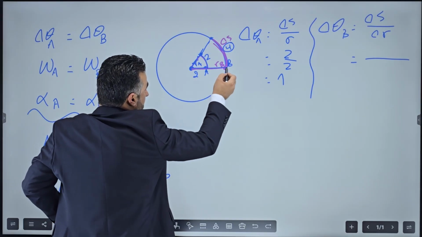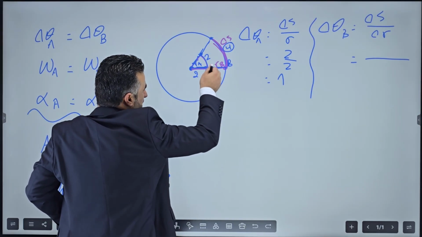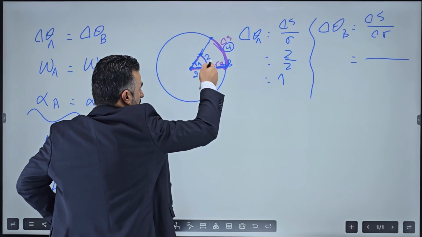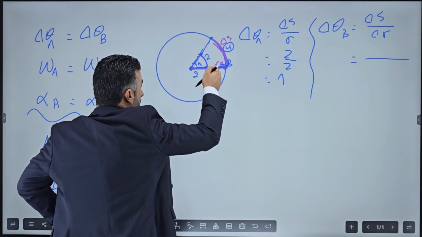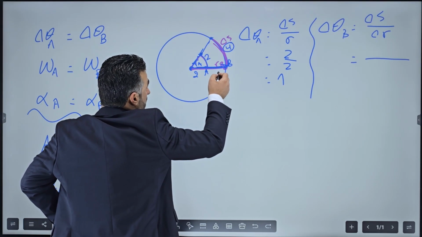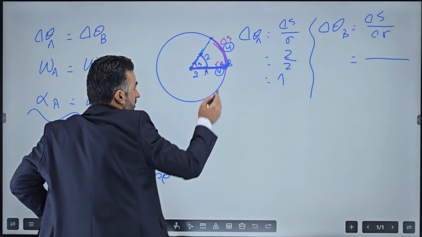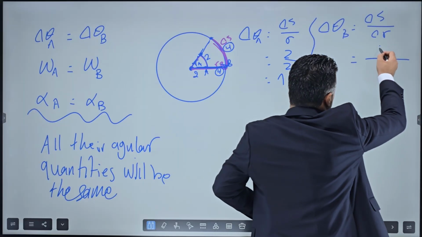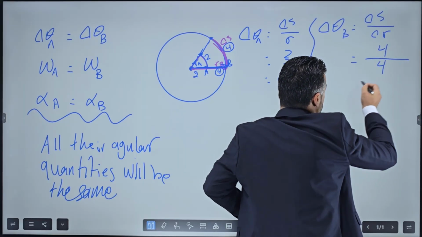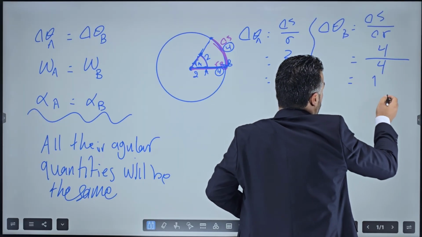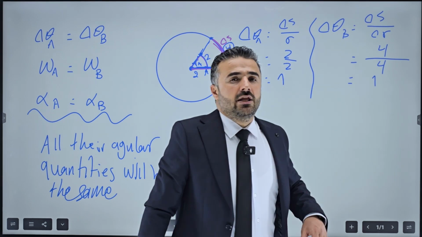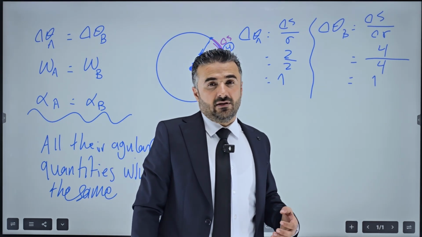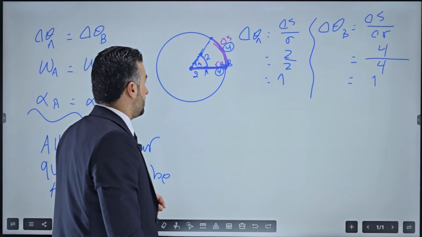What about the radius here? Can I also say the radius of point B, maybe I didn't draw the exact line here, but because the radius of point B is larger than the radius of point A, I can say the radius of point B is about 4 as well. So you can see that if the arc length is bigger, the radius is also bigger, so these two will always cancel the effect of one another, so we will always get the same angular displacement. Let me repeat this one more time.